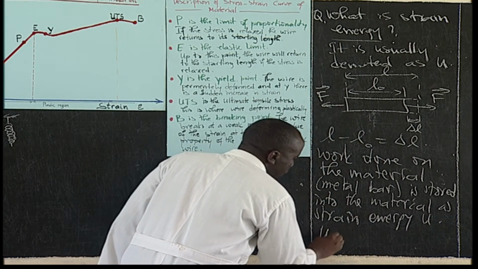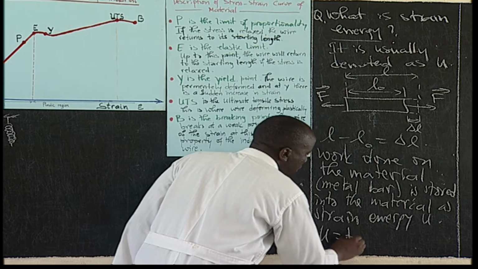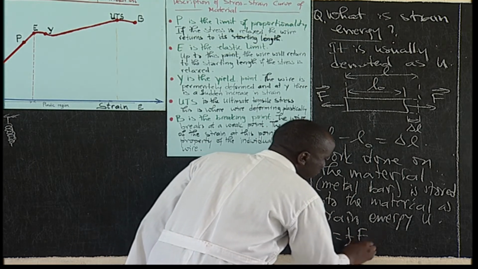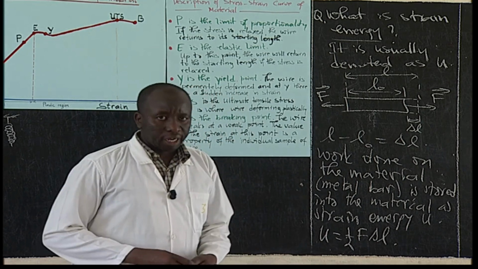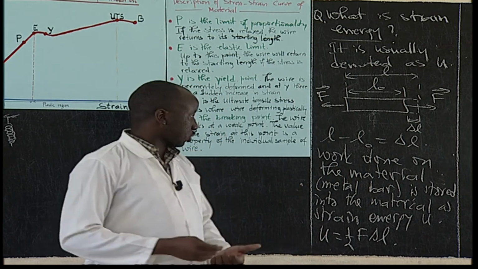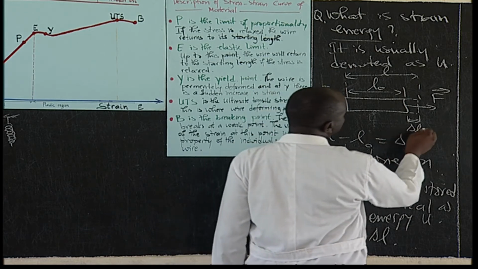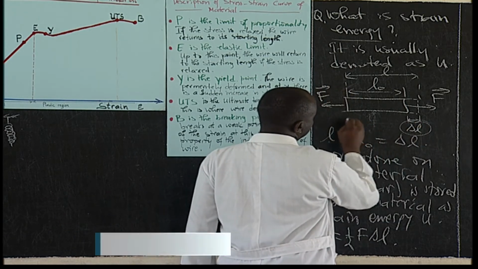Then this strain energy here will be equal to 1/2 times the force times the change of length. This is the elongation that we have, or the extension. So if you want, you can call it the extension.